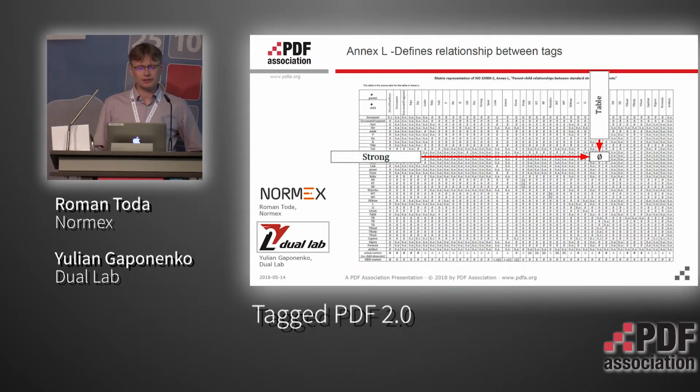Another example, a table can't contain Strong. So you can't have a tag that is Strong directly associated on a table. Of course, you can on a TD or TH or something like that, but not directly on a table. Right?